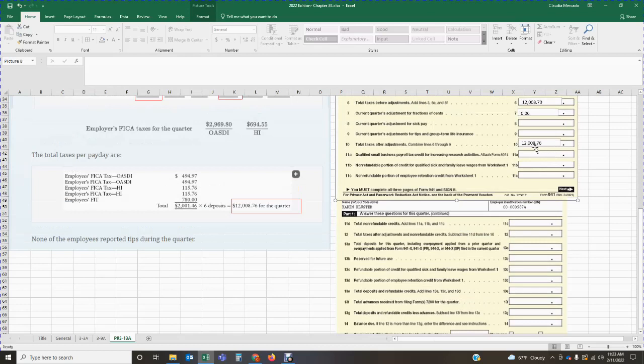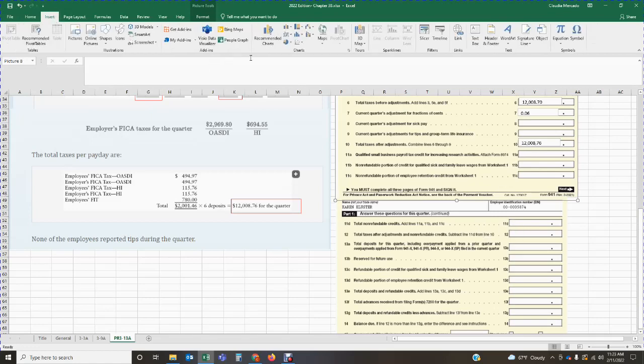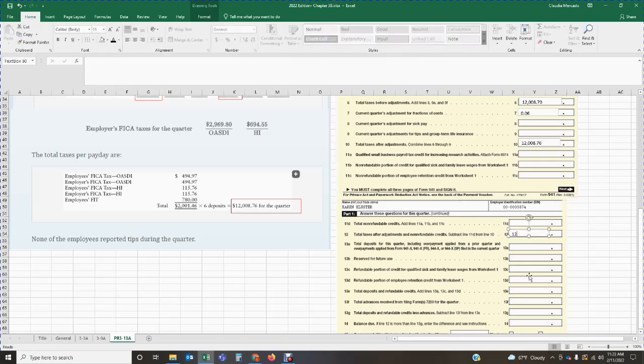So it'll be 12,876 minus line 11D, which is 0. That would give us in line 12, 12,876.